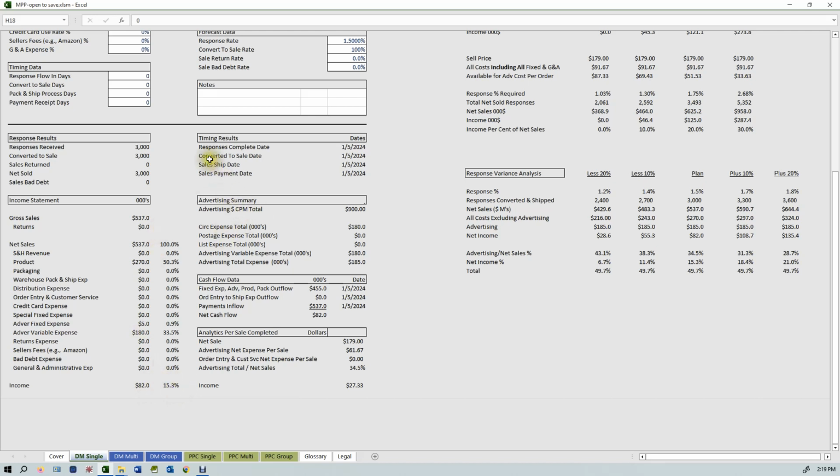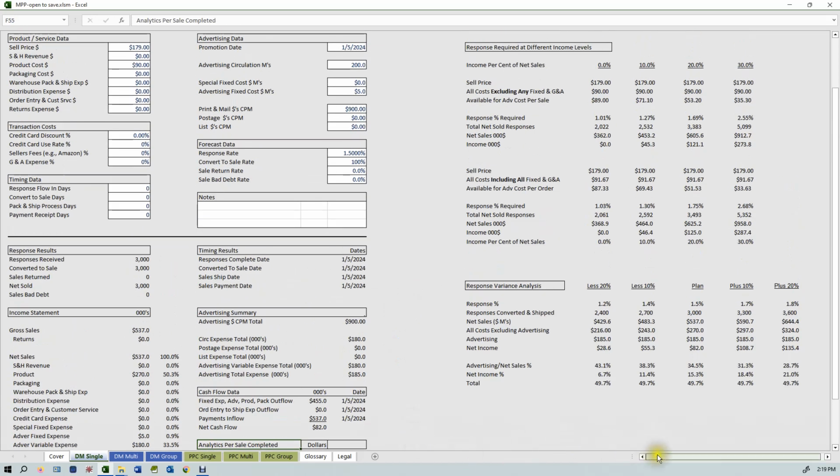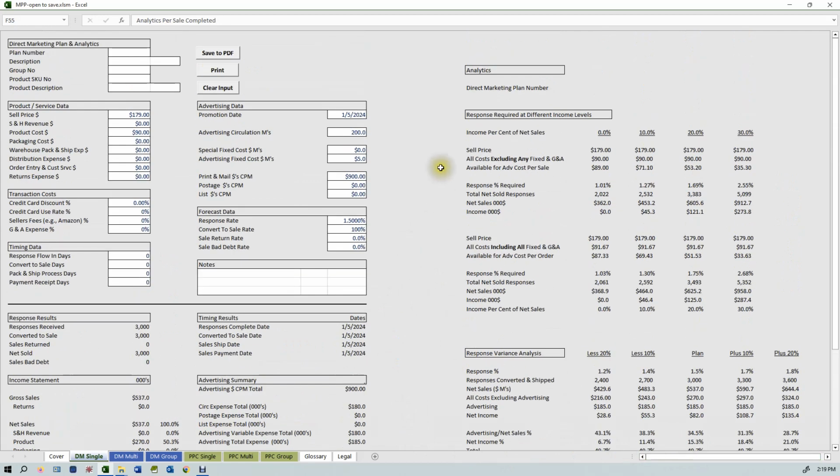You can see there's timing results, advertising summary, cash flow data, and analytics per sale. The right side of the sheet has our analytics: response required at different income levels, starting at 0% or break even, and then 10%, 20%, and 30% income.